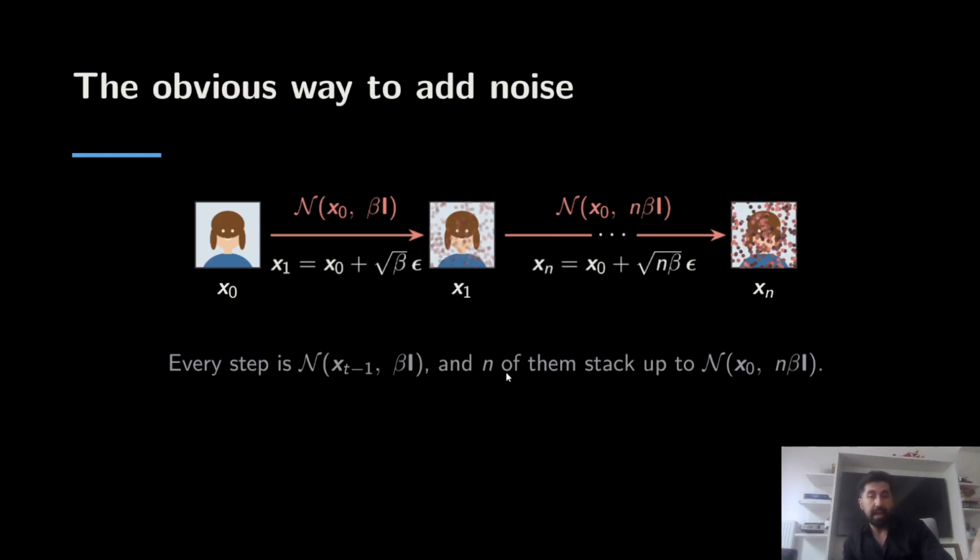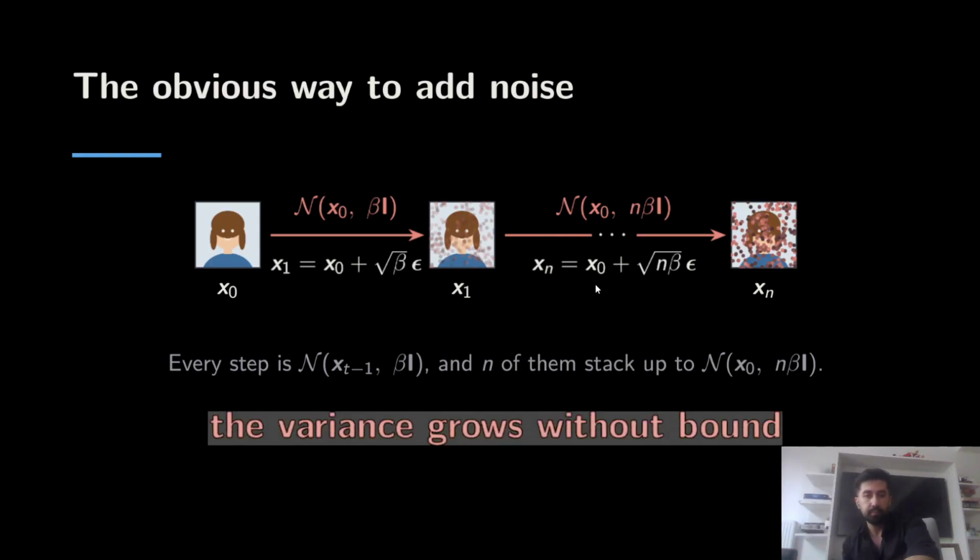If we stack n normal distributions, we'll get that xn is centered around x0, so it has mean x0 and has standard deviation radical n beta.